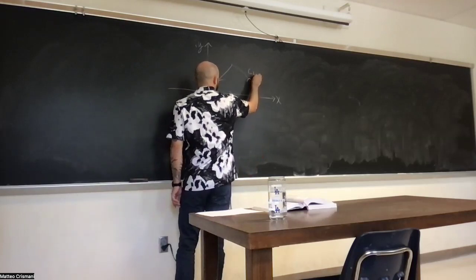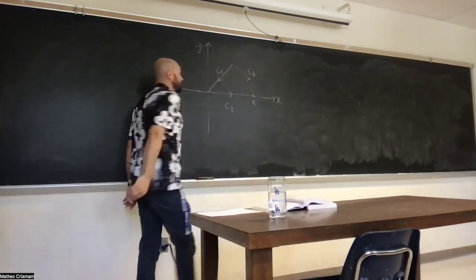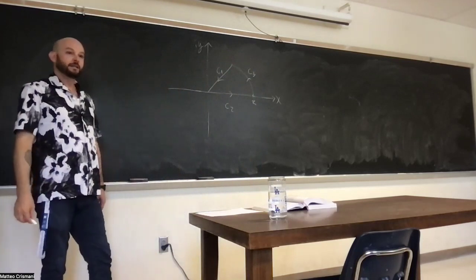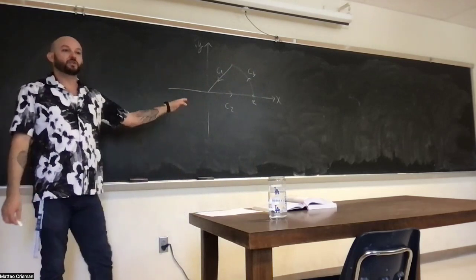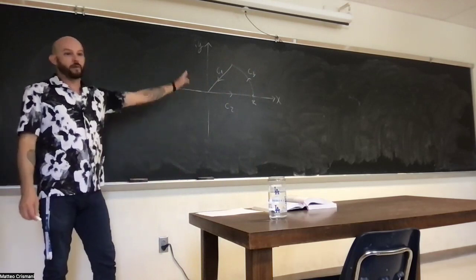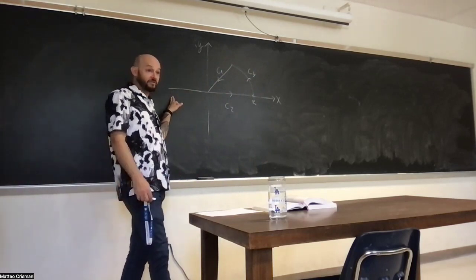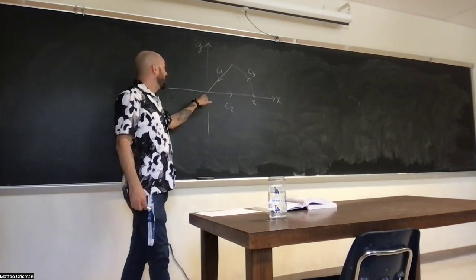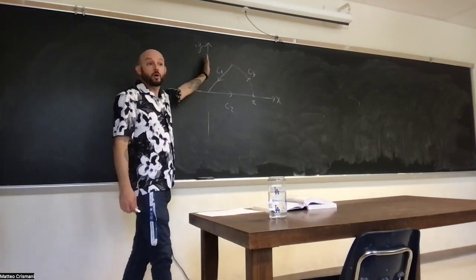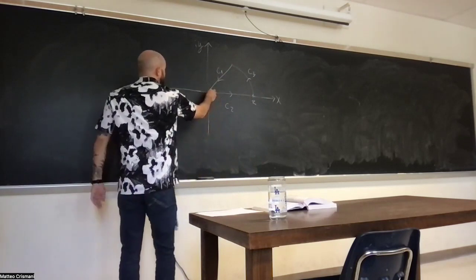Here's C2, C3, and here's C1. So I can travel any amount of that circle I want. I can do the whole circle and come back to where I started. I can do the half circle. We saw some great applications of the half circle. I can do the quarter circle, and I can relate parts. And similarly, I could always do something like this.